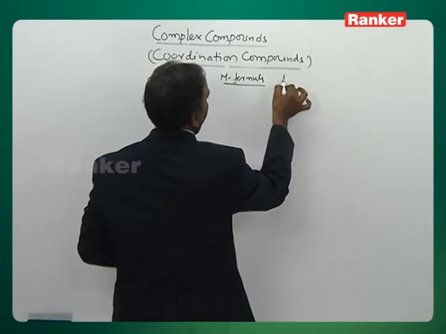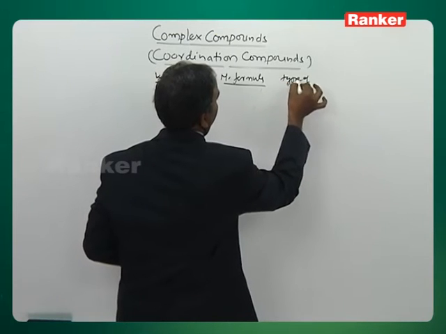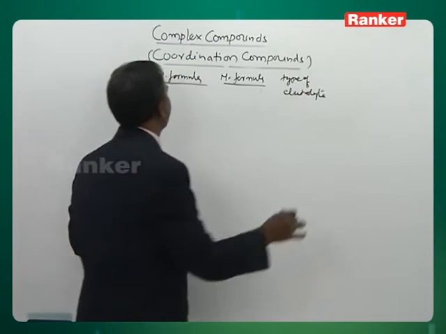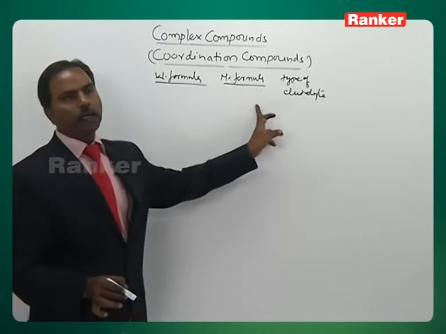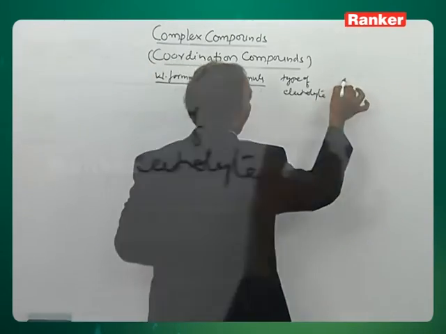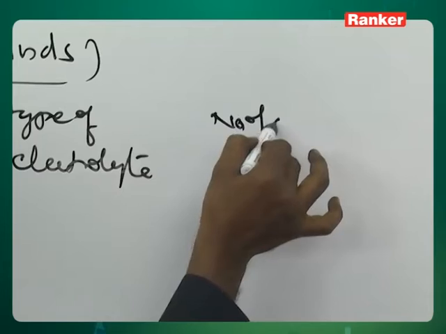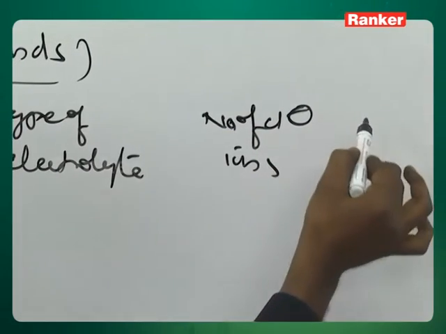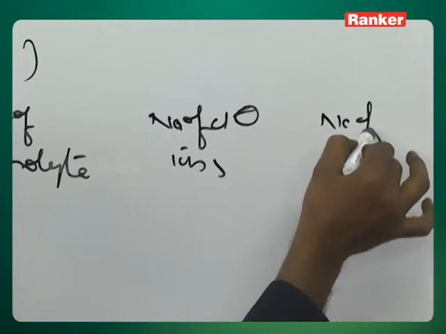Type of electrolyte. The columns are: Werner formula, modern formula, type of electrolyte, number of chloride ions, number of Cl minus ions. Let me write one more column, number of charges.